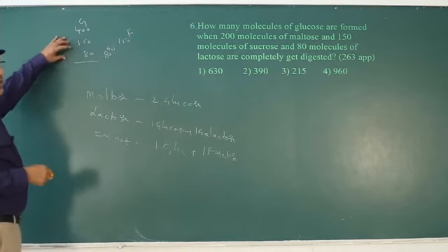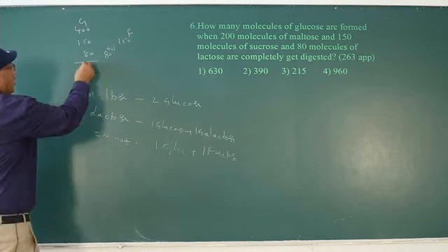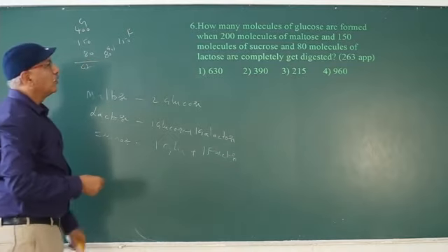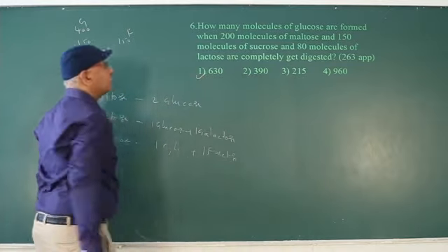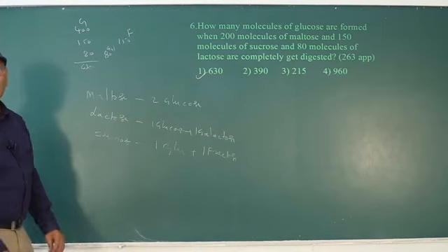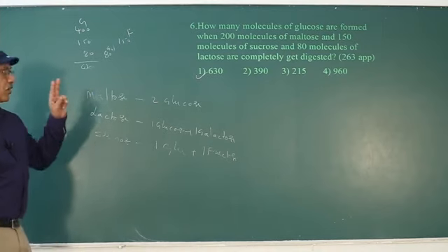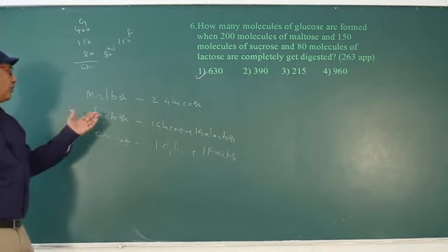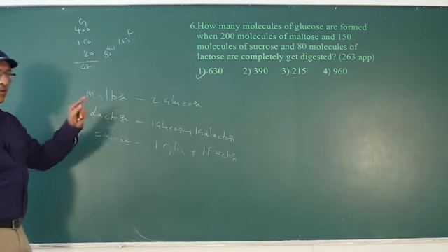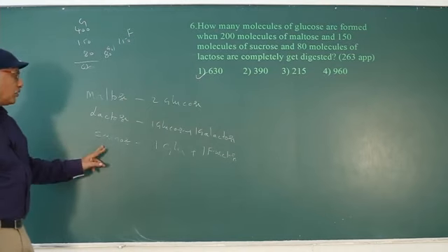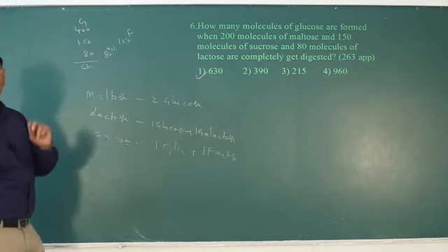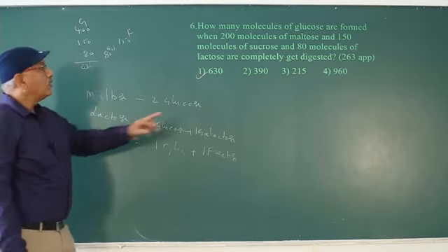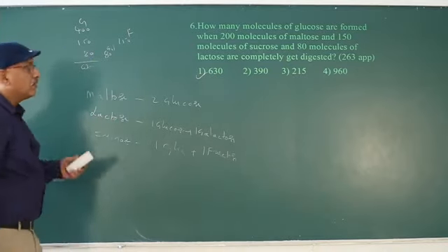So 400, 550, total 630 glucose molecules. One maltose contains 2 glucose, one lactose contains 1 glucose and 1 galactose, one sucrose contains 1 glucose and 1 fructose. So the answer is 630 molecules.